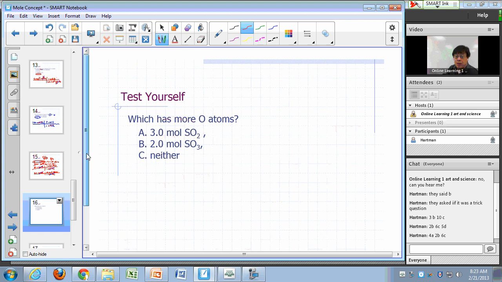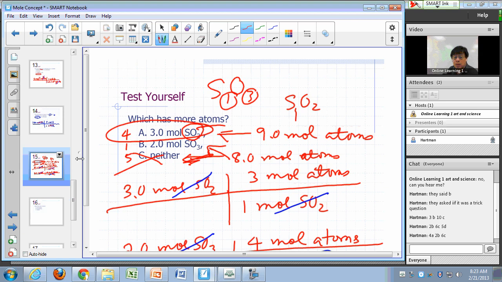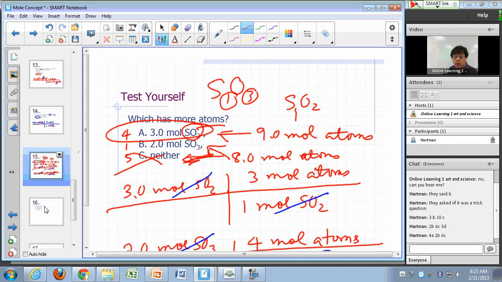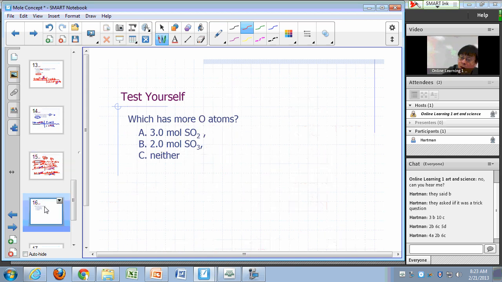How about this one? It's the same question, huh? Oh no, this one's different. This is only asking for oxygen atoms. Which has more oxygen atoms? Is it A, B, or C? 3 moles SO2, 2 moles SO3, or neither?